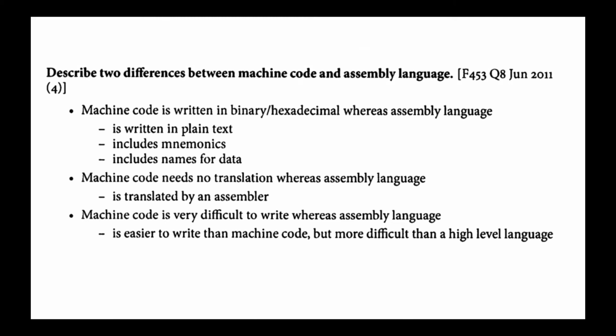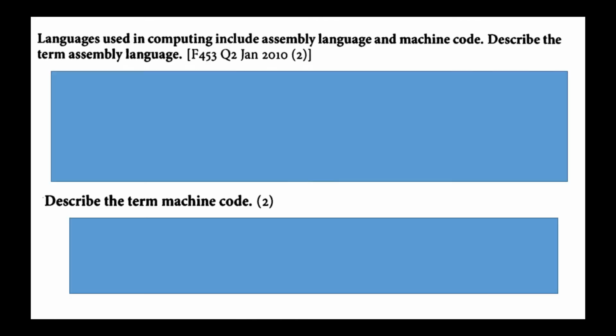Some people could understand all of this, but it's easier to understand a high-level language since it's more human readable. Machine code is in binary, and I think assembly language is as well, but it still is a bit human readable. So then, how well did you do? Did you get all 4 marks?